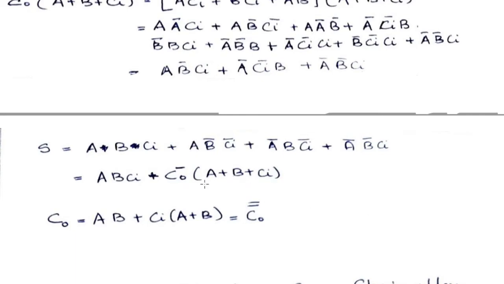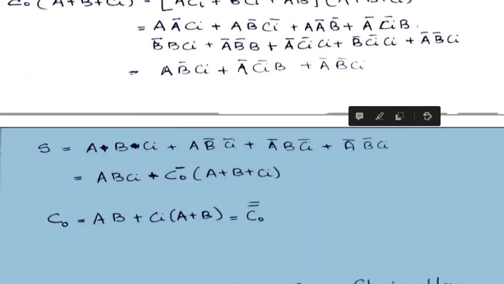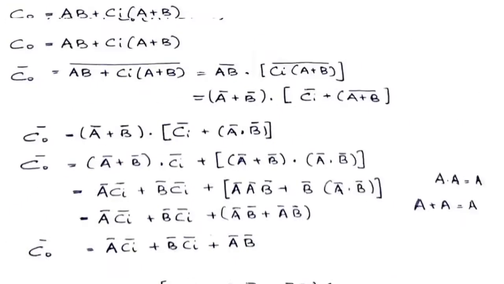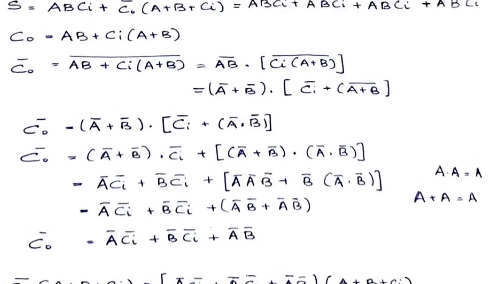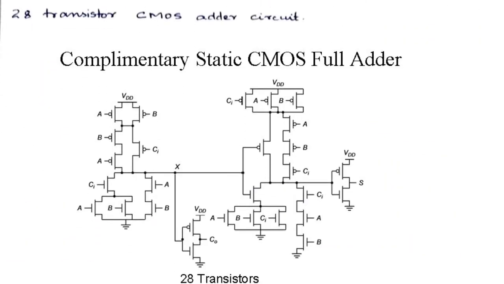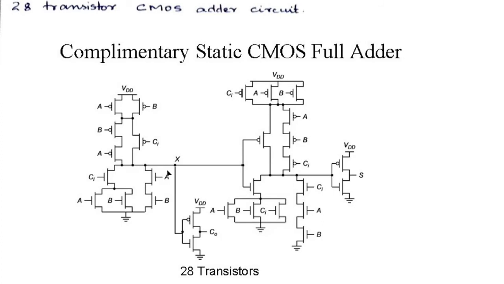Using these two expressions, we get to draw this diagram. As we can see, the first part of this diagram, up to X, is the implementation of C0 bar, and the second part uses C0 bar to find the sum.